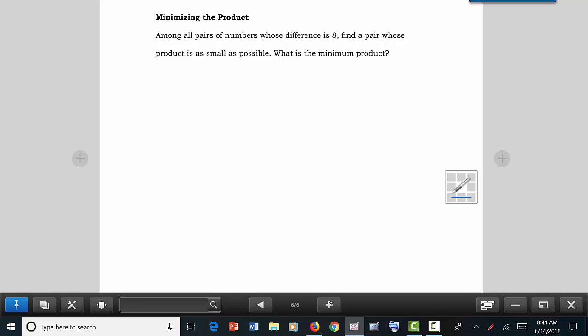Now here is another problem. Here they're asking about the product. So let's say A is the product of two numbers. I don't know those two numbers, so they are X and Y. Now what is the condition? The difference X minus Y is 8. So let's solve for X: 8 plus Y equals X. Now what are we minimizing?